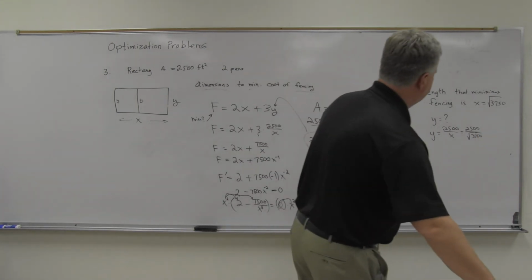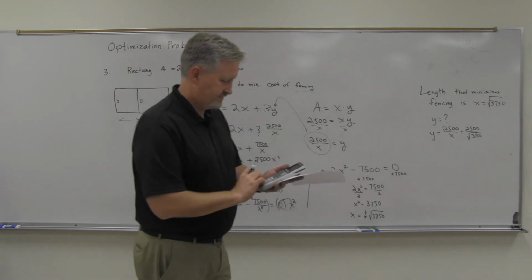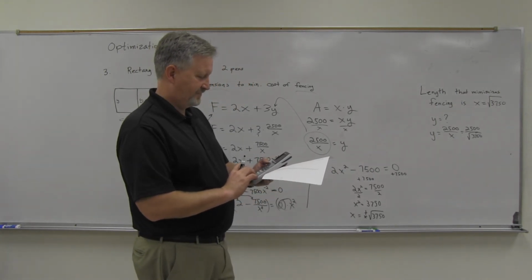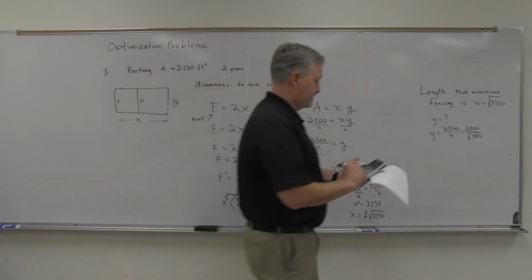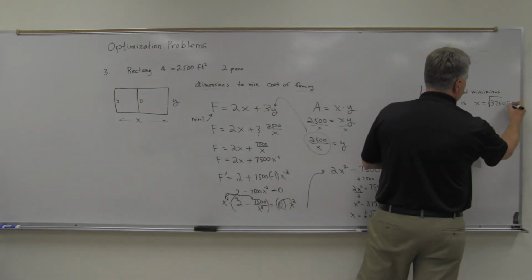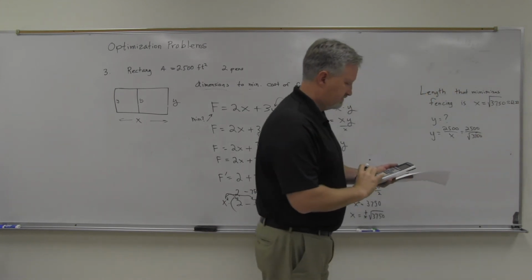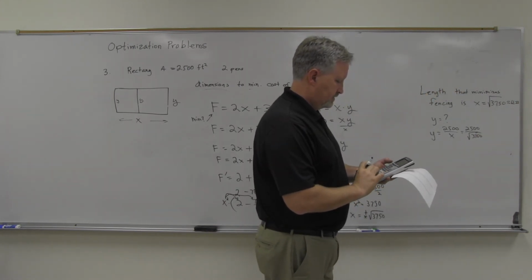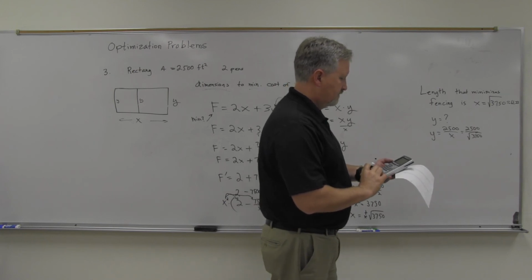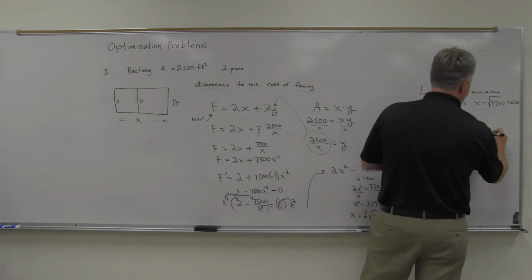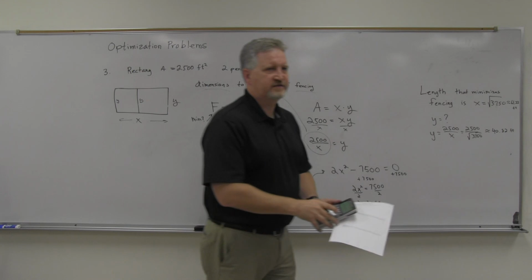And so those approximately are, square root of 3,750 is 61.23. This is 2,500 divided by that, 40.82. Those are feet, I believe. Gives you a rough estimate there.